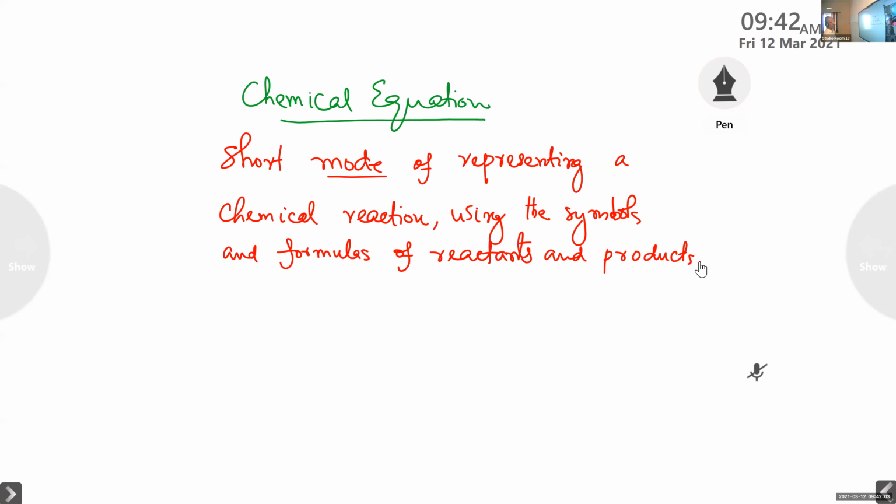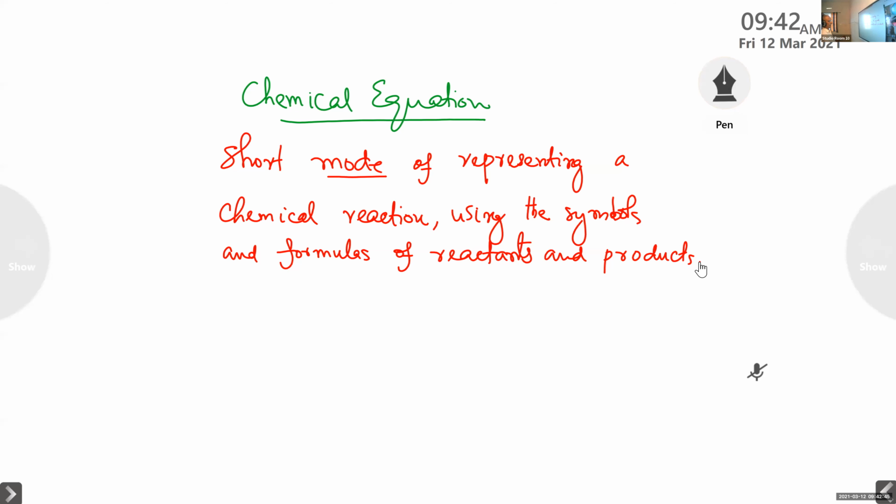So, what's a chemical equation? It is a short mode, a short way of representing a chemical reaction using the symbols and formulas of reactants and products. Reactants, R-E-A-C-T-A-N-T-S. Products, P-R-O-D-U-C-T-S.